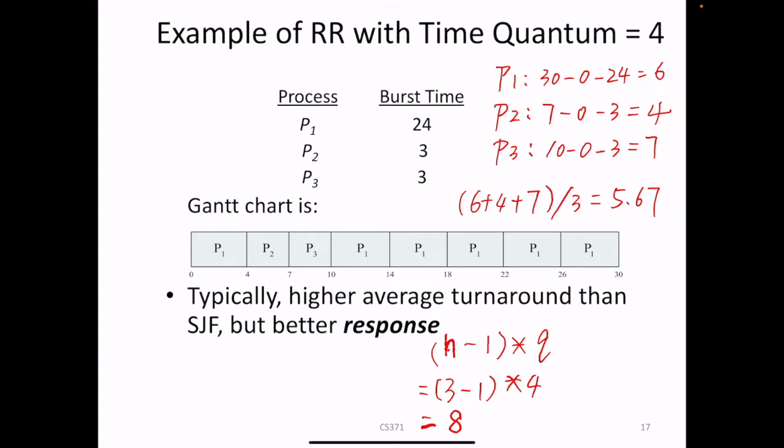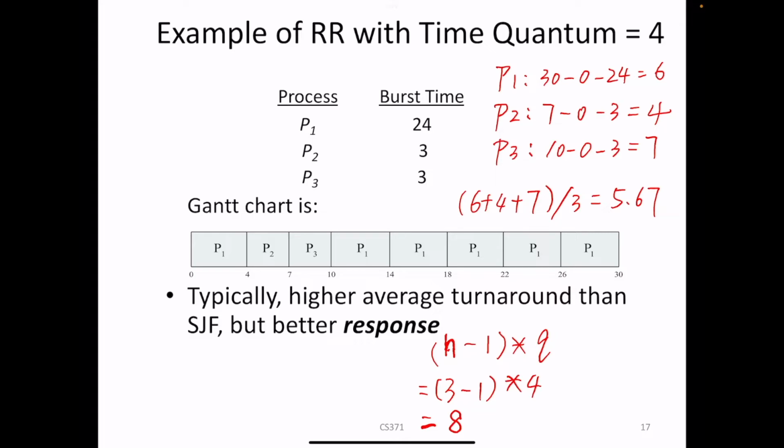For P2, it is 7 - 0 - 3 = 4. P3 is 10 - 0 - 3 = 7. Then the average waiting time is (6 + 4 + 7) / 3 = 5.67.